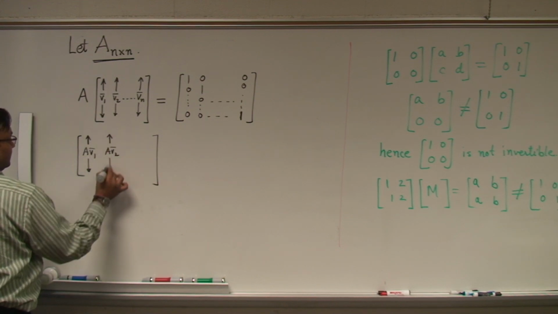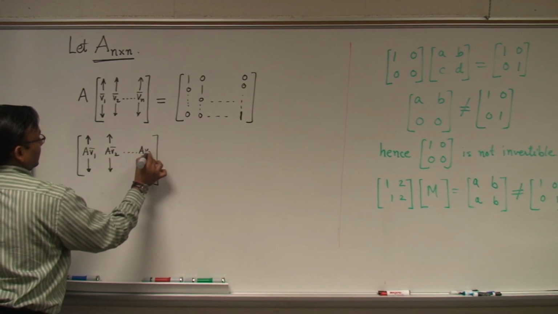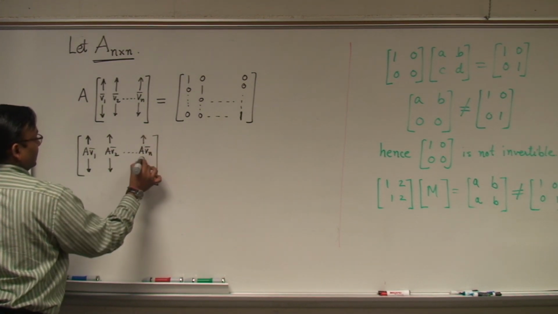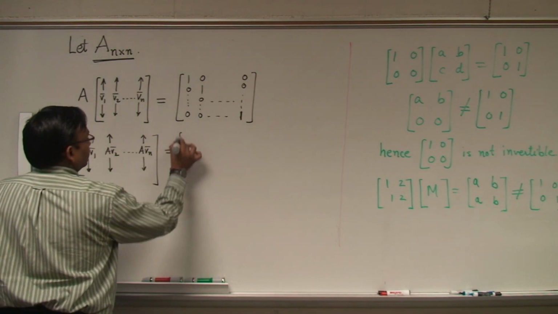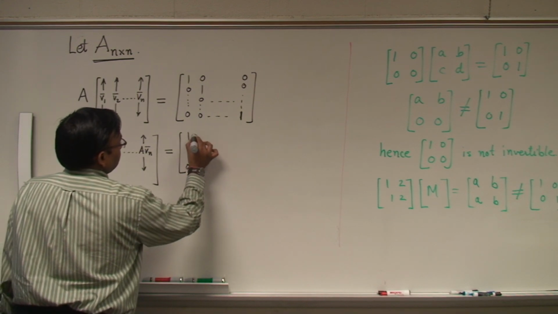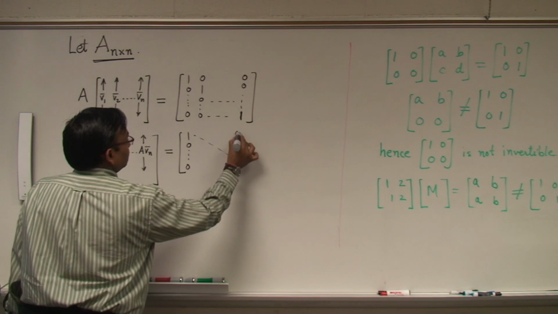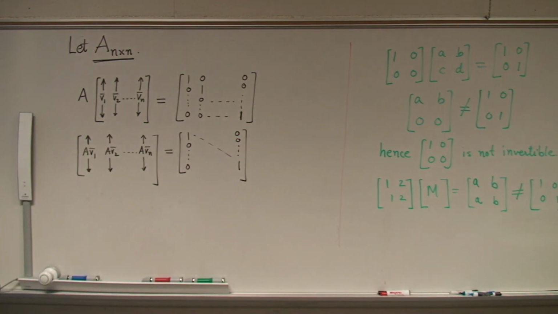Remember, it's the linear combination of the columns of A, and A acting on the vector Vn. This is how we can think of this matrix multiplication, and we want it to be equal to 1, 0, 0, 1, 0, 0. It will be clear in a moment where we are heading.